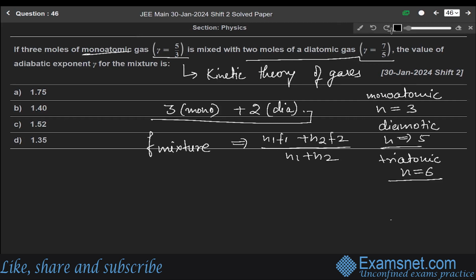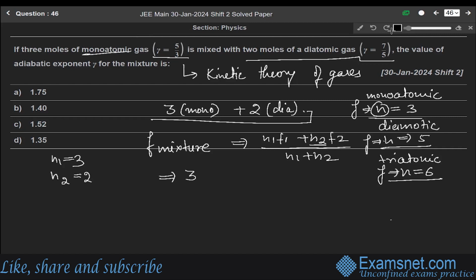Now this question is for monatomic and diatomic. There are 3 moles of monatomic, so N1 means 3, and 2 moles of diatomic means N2 is 2. Here, generally, I am writing N for F.